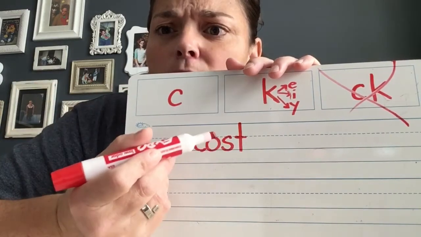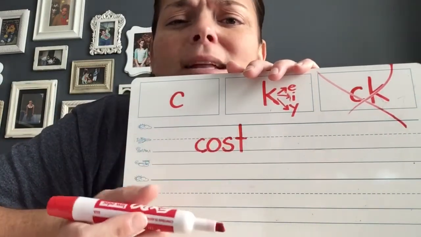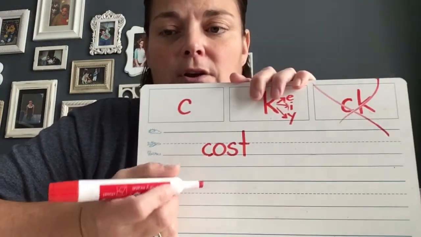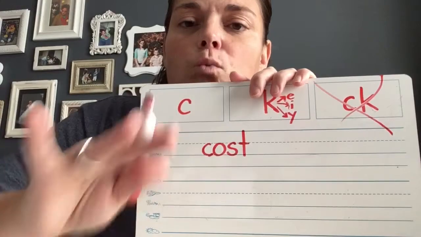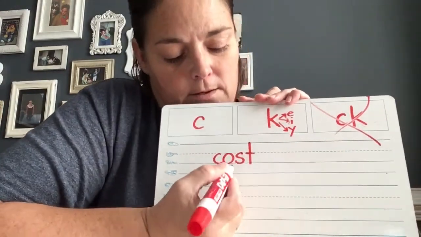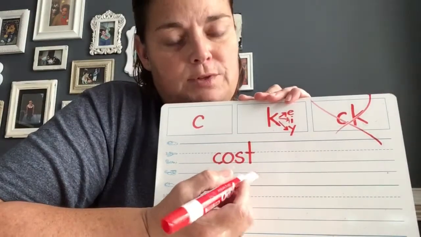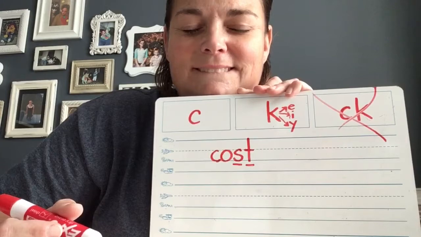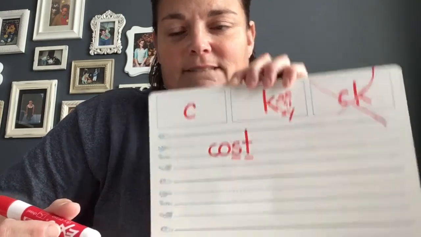Is this an E-I or Y? No, it's an O. That's why I used a C for my beginning k sound. I know. You want to mark the blends. You guys are so good at this. St. I can hear both sounds. 2 sounds, 2 underlines. It's a blend. You're getting really, really good.